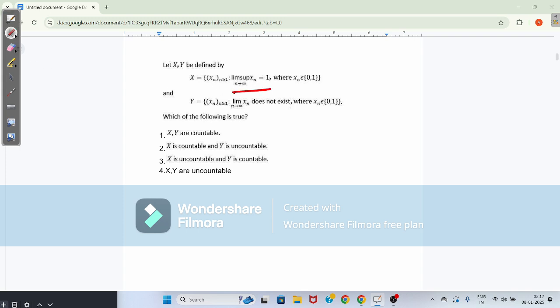When you apply the limit in this interval, this value of the limit occurs a finite number of times. Okay, so this value of x is uncountable.